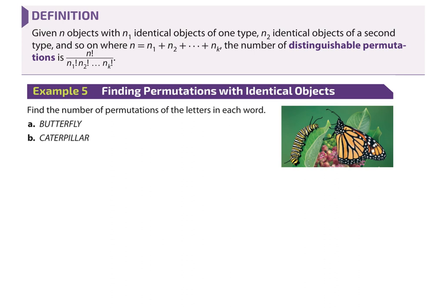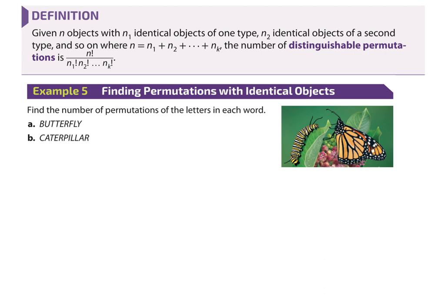And so the examples they give us are butterfly and caterpillar. If we look at the word butterfly, we have something that is repeated. What is repeated in the word butterfly? T. And so they're asking how many ways can I arrange those letters? Well, I could arrange those letters in my same old permutation way, but if I want to distinguish it, then I have to distinguish between the T's.